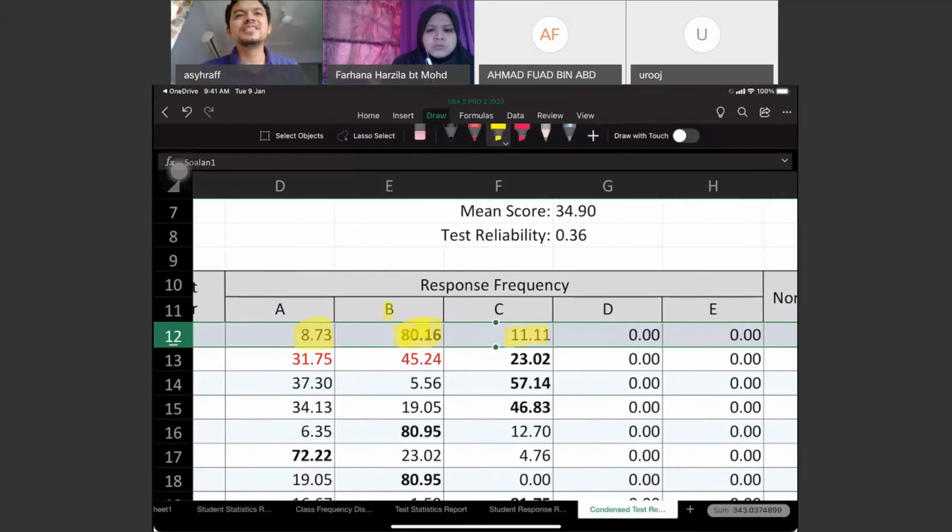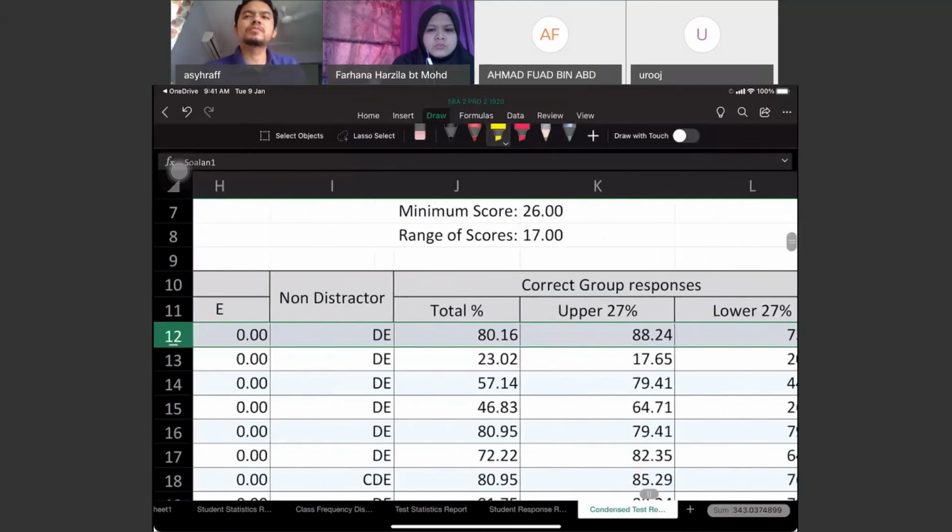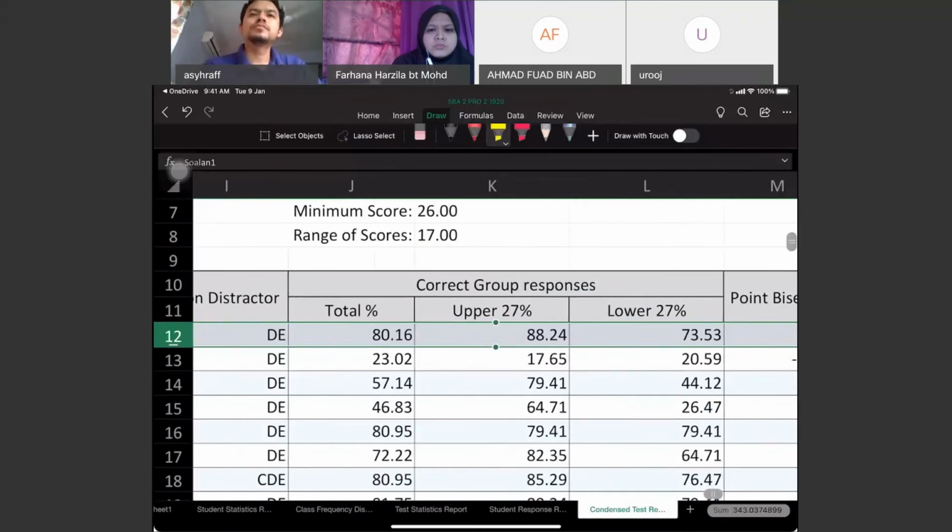So we see that the information is available, including correct group responses. In this software, it doesn't tell you the difficulty index. It only tells you correct group responses. We must be able to interpret it: this is the difficulty index because this is the total, how many got the correct response. It still gives you the upper 27 performance and lower 27 performance.